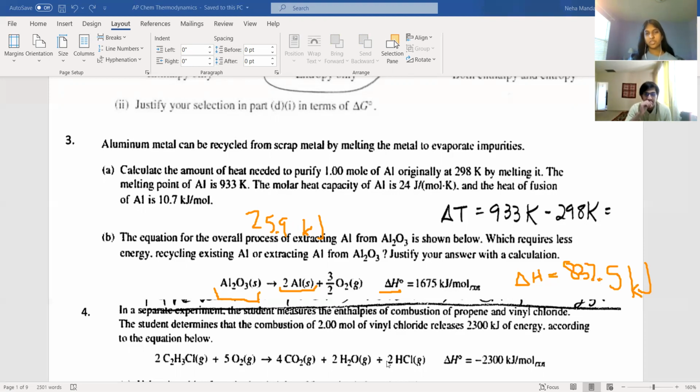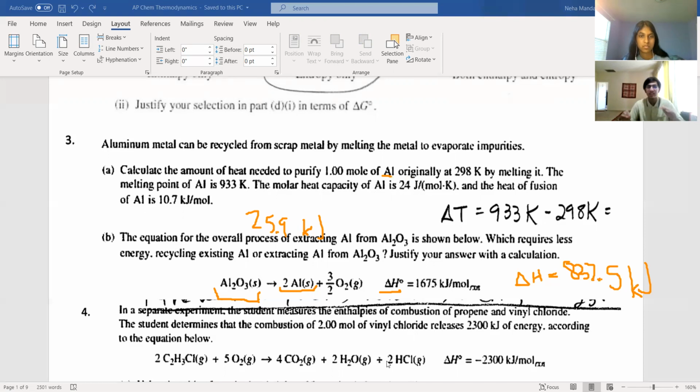I just don't understand the question. What does it mean by recycling? What we did in the last one was recycling existing Al. We're taking impure aluminum and we're recycling it by purifying it. This is a very common question type.